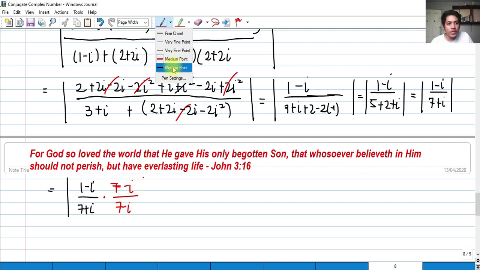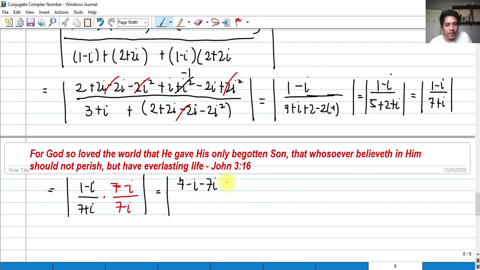And of course, the modulus, don't forget the modulus. First, 1 times 7, outer, negative i times 1, that's minus i, inner, minus 7i. Last, we have negative i squared all over 49, minus i squared. So this would be positive 1, i squared.